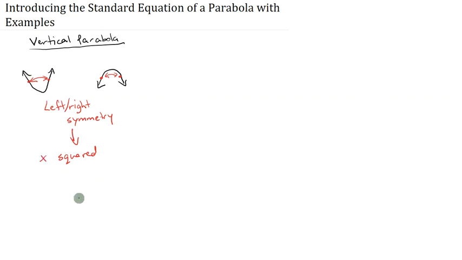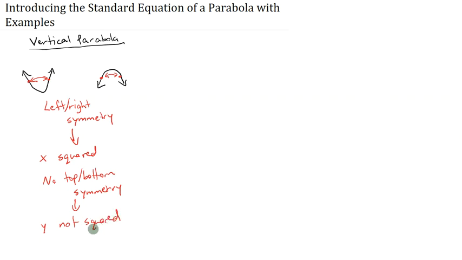That means x is going to be squared in this particular case. It could also mean x is to the fourth or x is to the sixth, etc. But x is squared. You do not have top to bottom symmetry, so y is not squared.